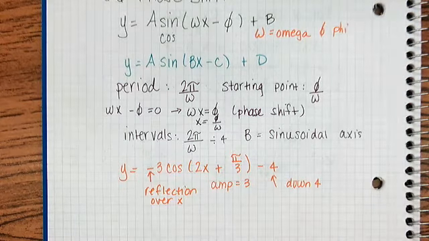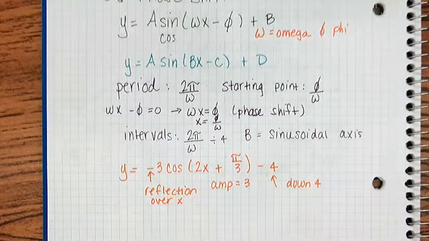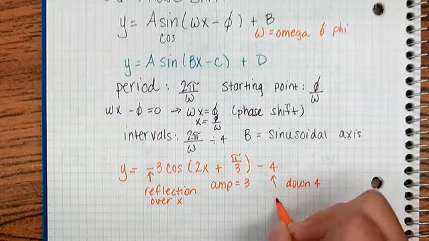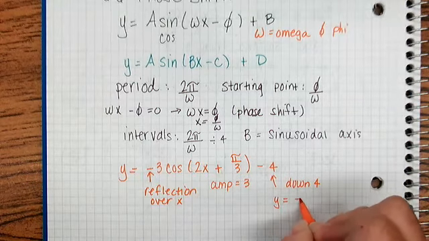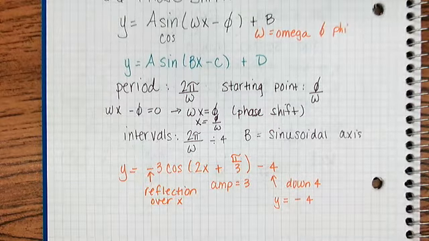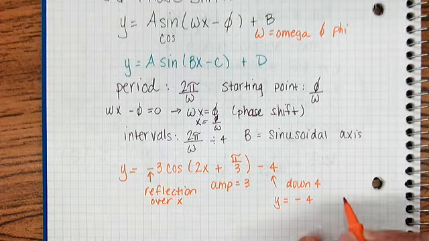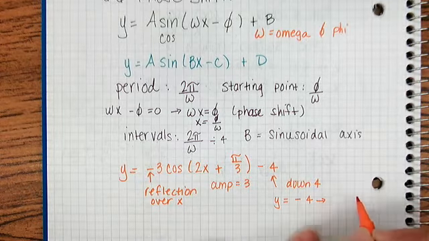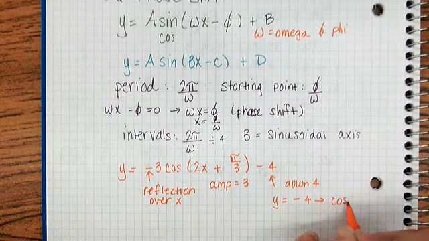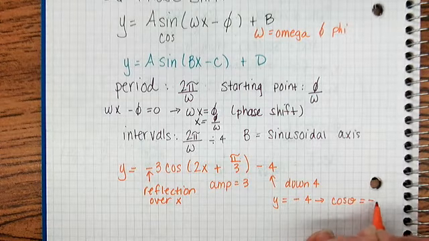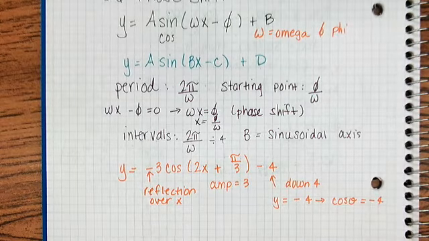So in proper notation, y equals -4. Okay, so if y equals -4, y represents our cosine. So technically, you should say that the cosine of theta is -4.